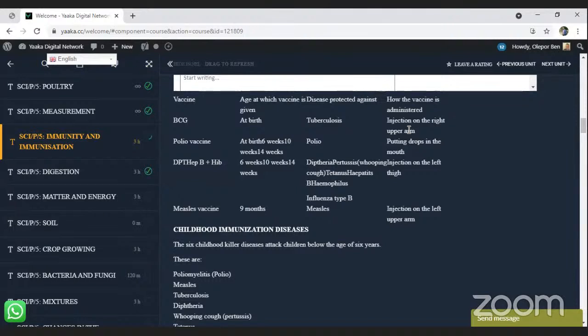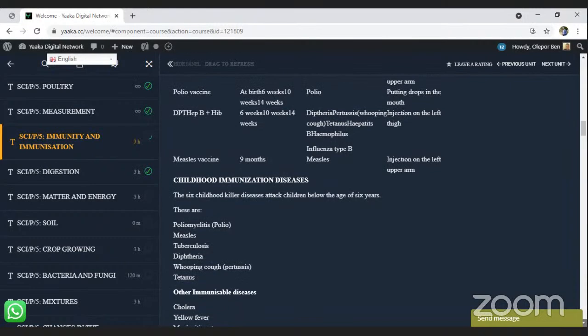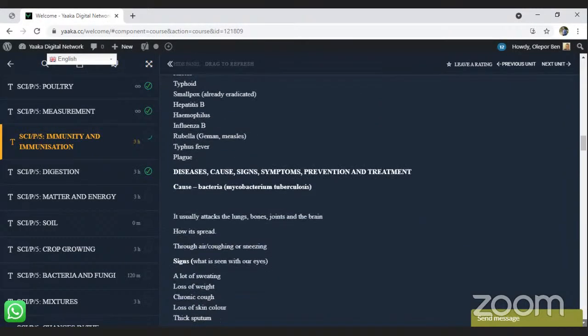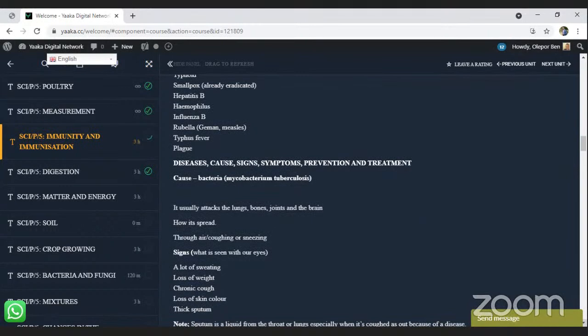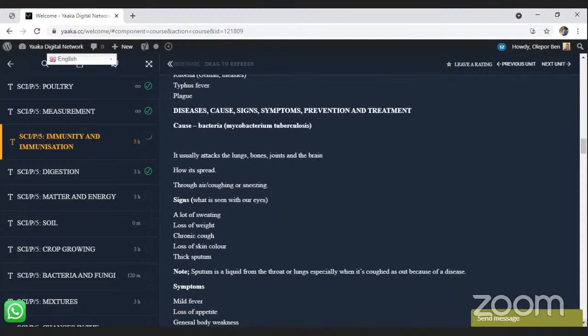Their disease is tuberculosis. Cause: bacteria. Spread through air. Signs and symptoms: loss of weight, severe sweating at night, pain in the chest, pain in the joints, bones and backache.